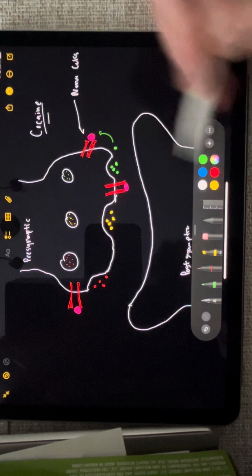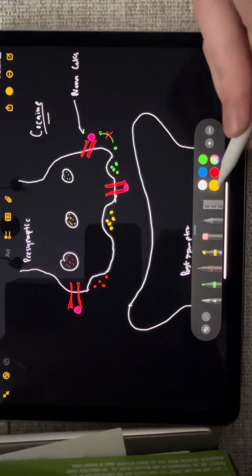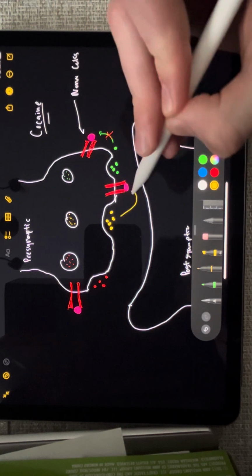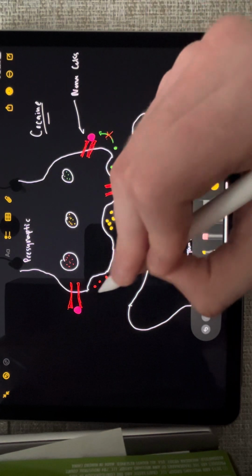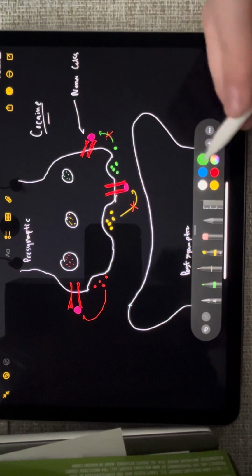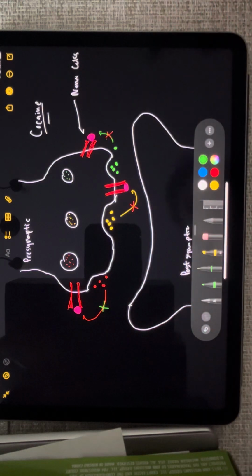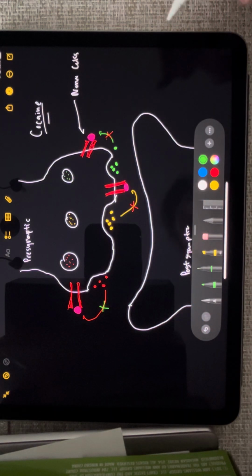They cannot go in there. This cannot go in here. And then this cannot go in here. So these receptors are being blocked.